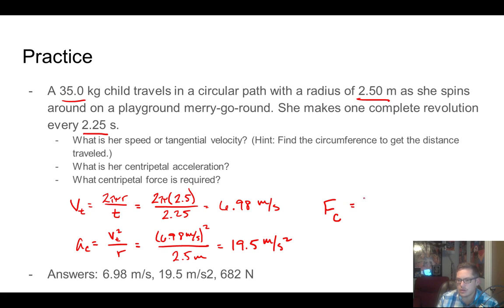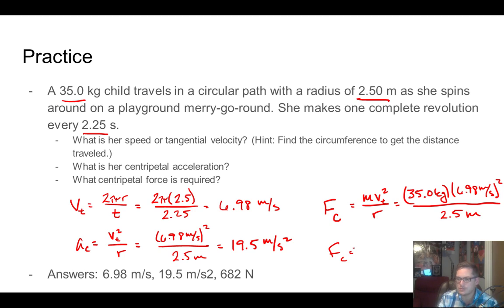The mass of the child is 35 kilograms, the velocity is 6.98 meters per second, squared, divided by our radius, which is still 2.5 meters. So we take 35 times 6.98 squared divided by 2.5.